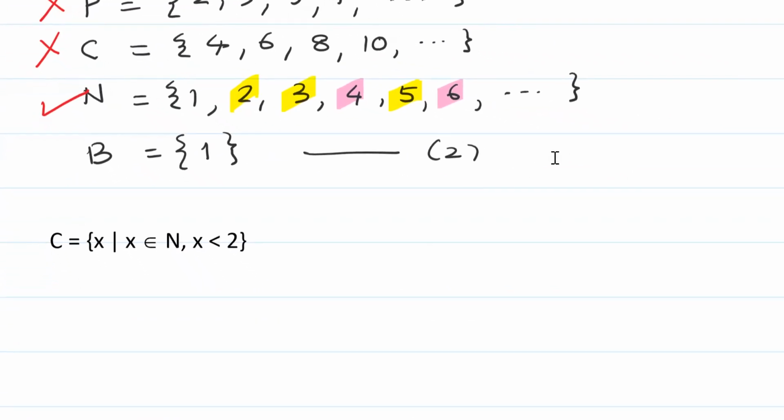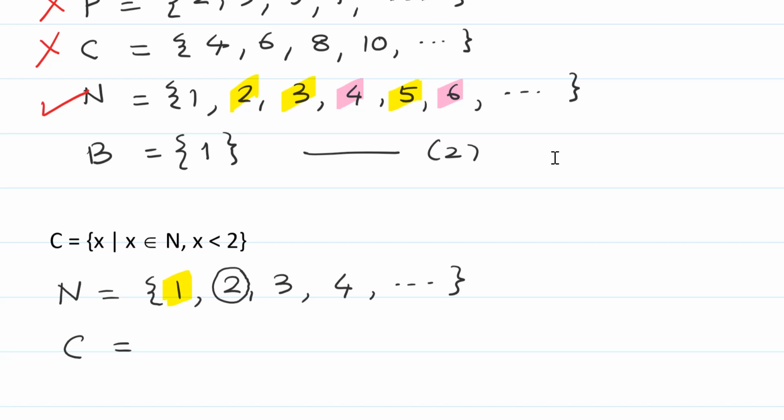C is set of all x such that x belongs to N and x is less than 2. Now we know that set of natural numbers is 1, 2, 3, 4, ... Condition is x must be natural number and less than 2. There is only one natural number less than 2, and that is 1.